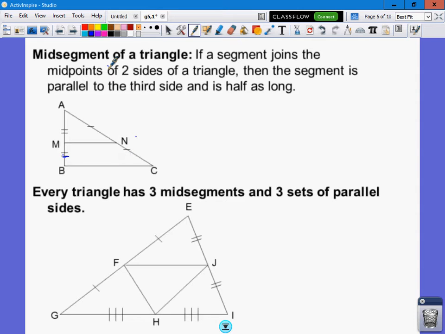When you have a mid-segment, there are two properties that are going to be true about that mid-segment. The mid-segment is parallel to the third side. In other words, MN is parallel to BC.